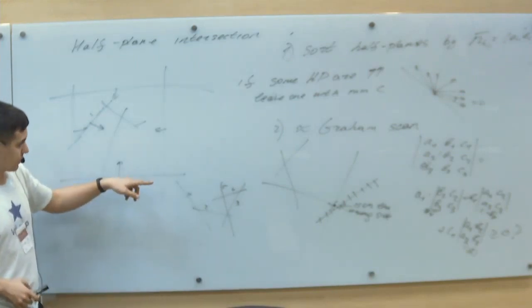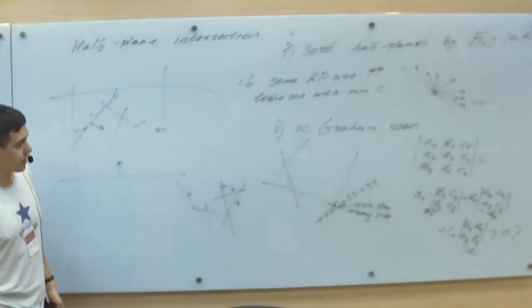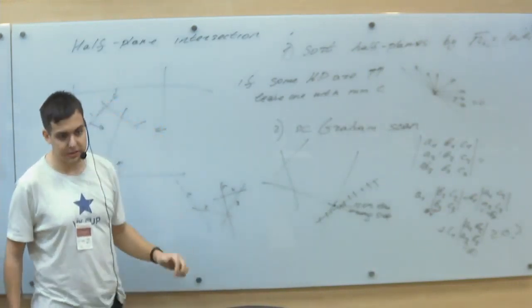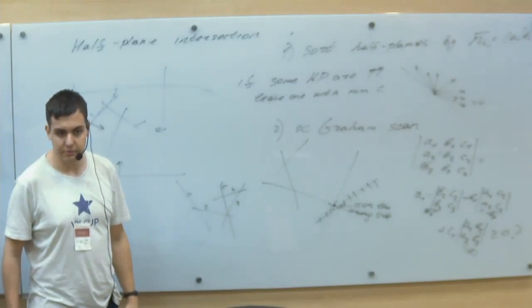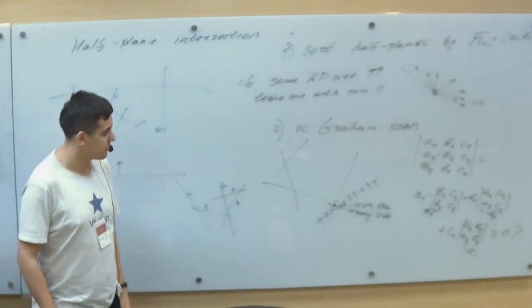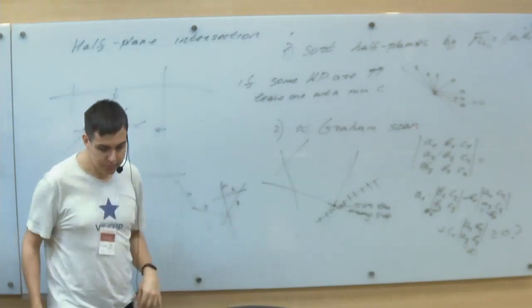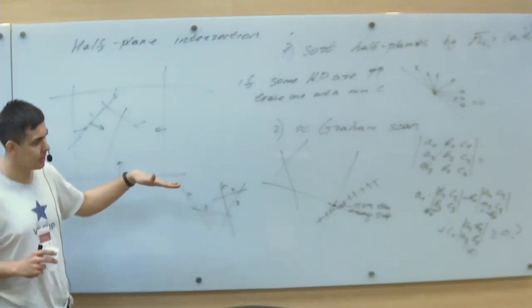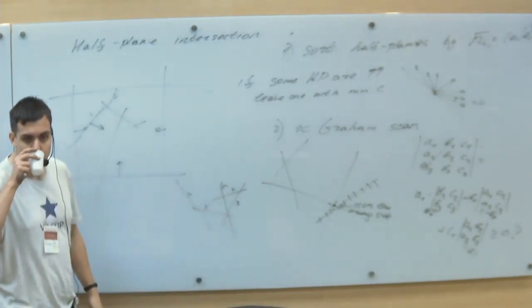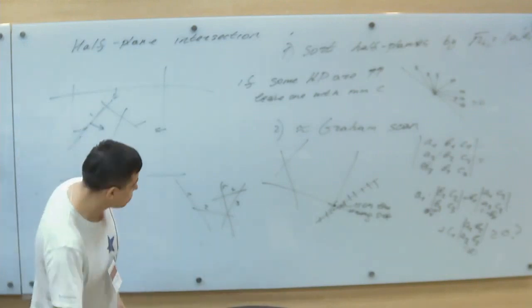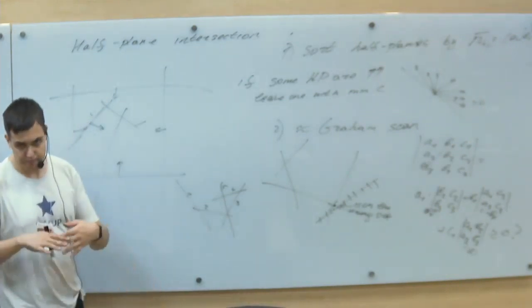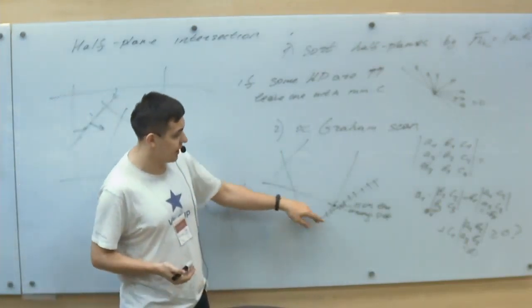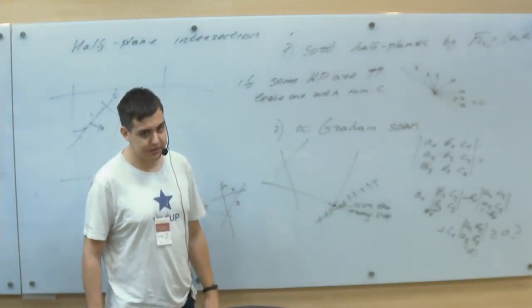Basically we double the list of all half planes, we do the Graham scan, and we see if any half planes are left. There are some details, but that's the main idea of the algorithm: we sort everything by angle, and we use a stack, the same as in convex hull, and we remove the bad half planes.